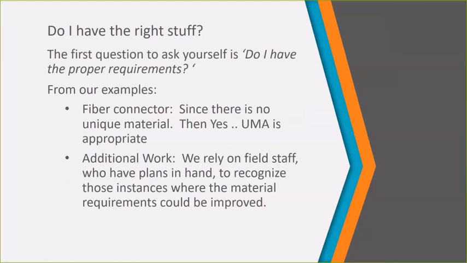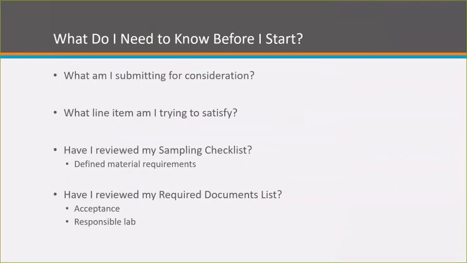So what do I need to know before I start? Before you start documenting a universal material item, you'll need to know what you're submitting for consideration. What is the material you're trying to document in Site Manager? You'll want to know what line item you're trying to satisfy. That you'll get from your sampling checklist, from your contract line items.